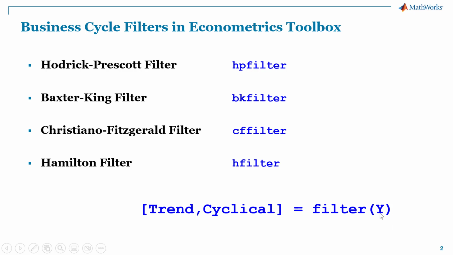The filters take as input an array of data Y, representing some macroeconomic time series, and then return as output a trend component and a cyclical component, such that these are an additive decomposition of Y. That is, the trend component plus the cyclical component will always equal Y, the original data, for all 4 of the filters.